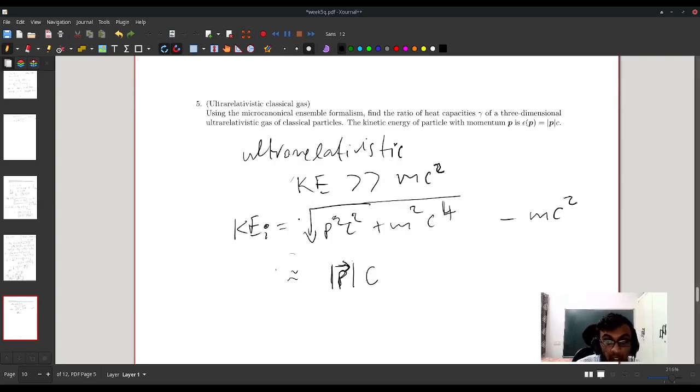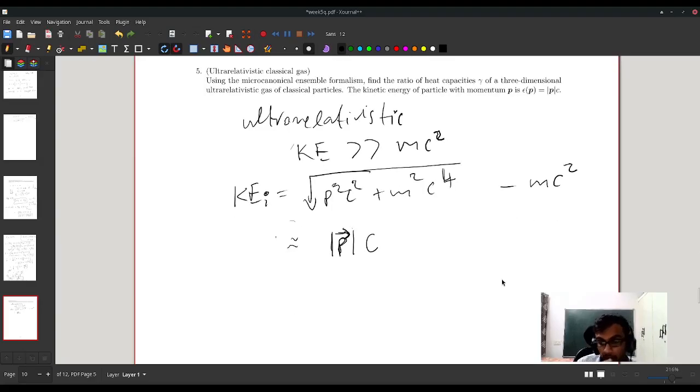Let's say it is given that there are such particles, and the task is to find the thermodynamics of this gas. Since we are doing the microcanonical ensemble this week, why not do the thermodynamics in this formalism.